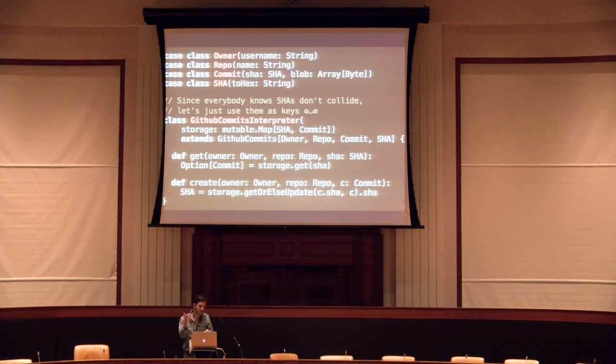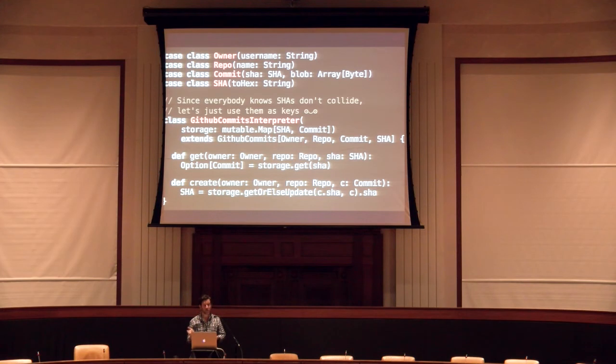So here's a really dumb way to implement it, with a mutable map, of course, for my repo. But any kind of implementation, whether it uses resources like memory or a remote service or some I/O storage or persistence system, is going to have the same kind of shape. We're going to implement the methods that need to be implemented. We're going to define the types, but now we can actually specify what those types are.